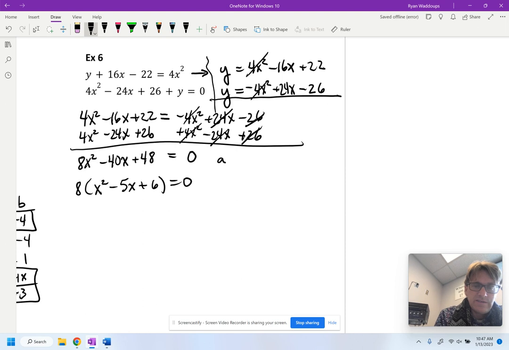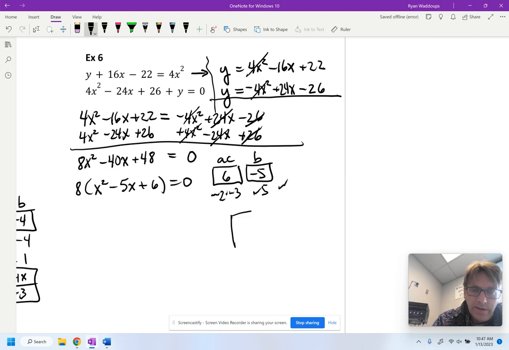Now, AC is 6, and B is negative 5. And so with a search through the numbers, you can see that negative 2 times negative 3, and negative times negative is positive. And when you add negative 2 plus negative 3, you get negative 5. So those are the numbers we're looking for. I then put it in the box.